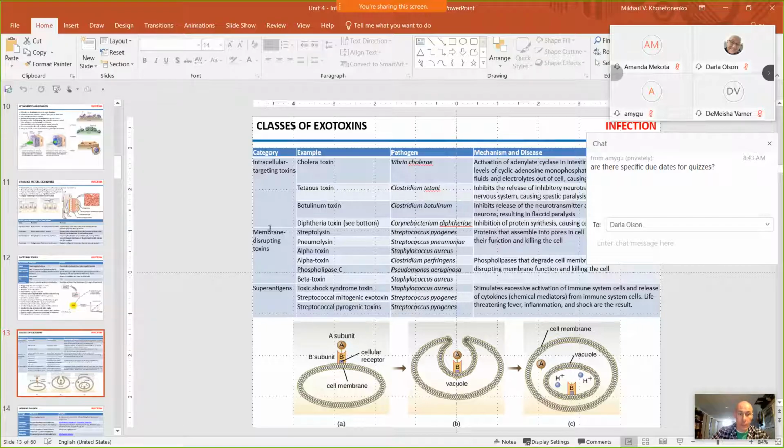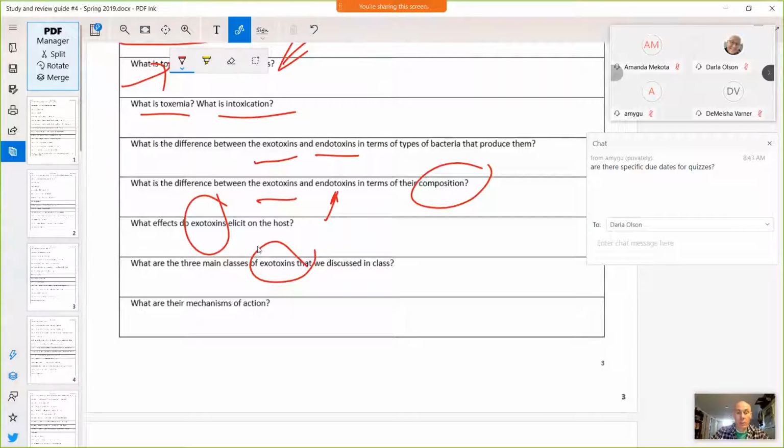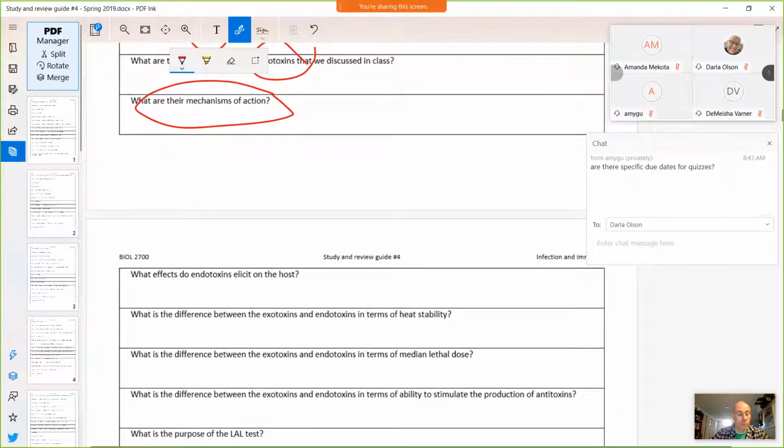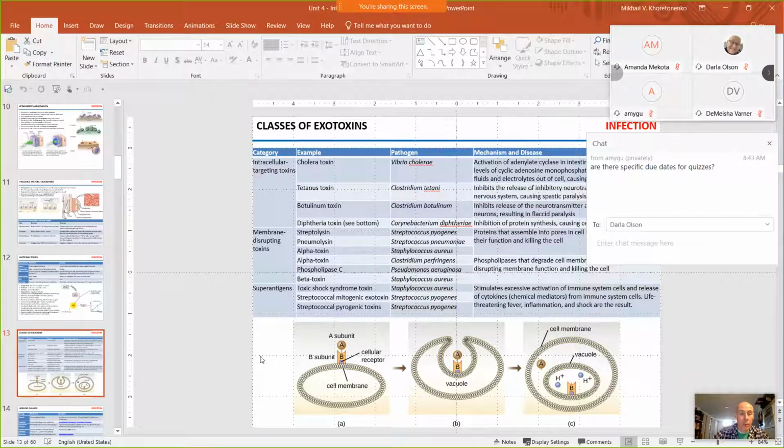So you should be able to tell me, what is the general mechanism of superantigens? Overstimulation of immune response, basically. So that mechanism refers to this category story.